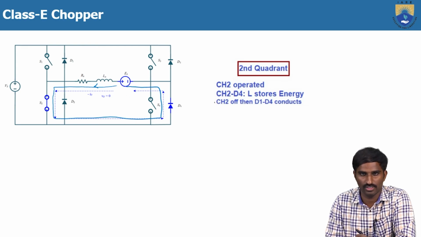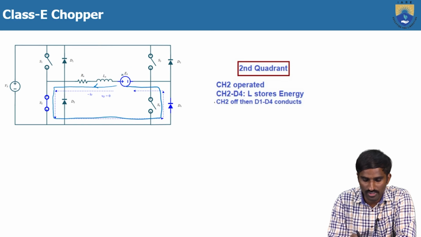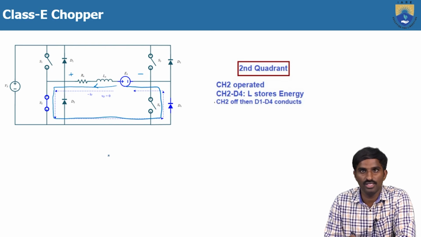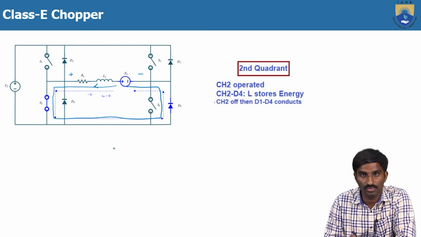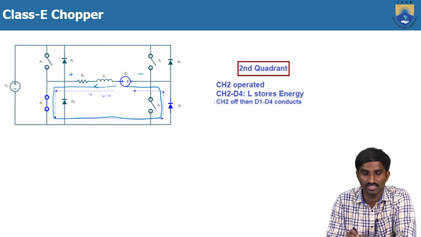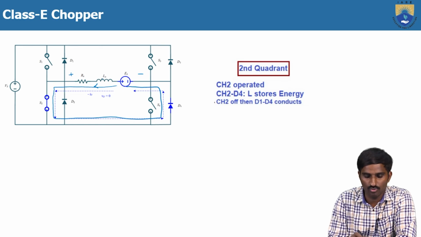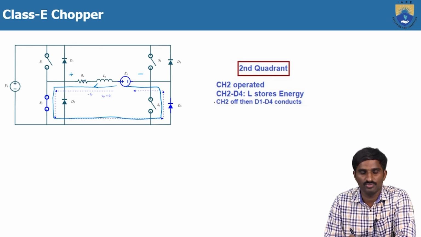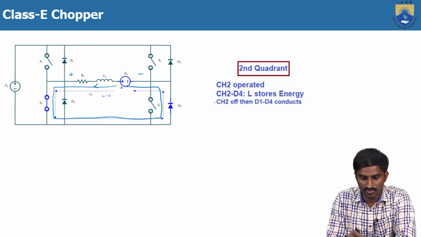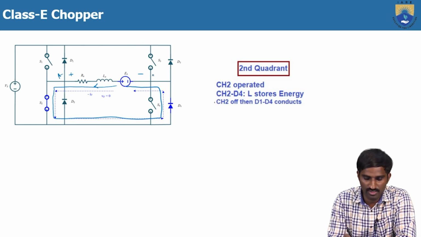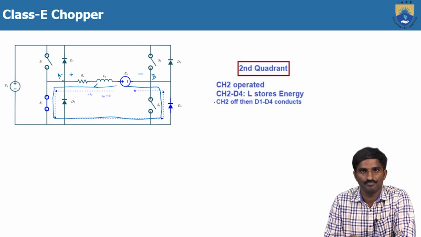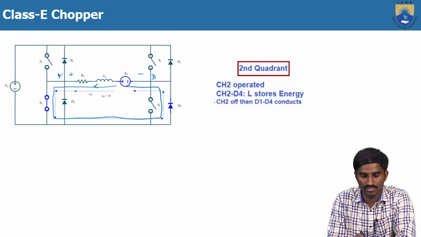This is the second quadrant, but the output voltage polarities are still the same, plus and minus, because the back EMF EB is the source, so the source polarities are plus and minus. So the output voltage polarity is also plus and minus, but the current direction is from B to A, opposite to our reference direction, so the current is negative.